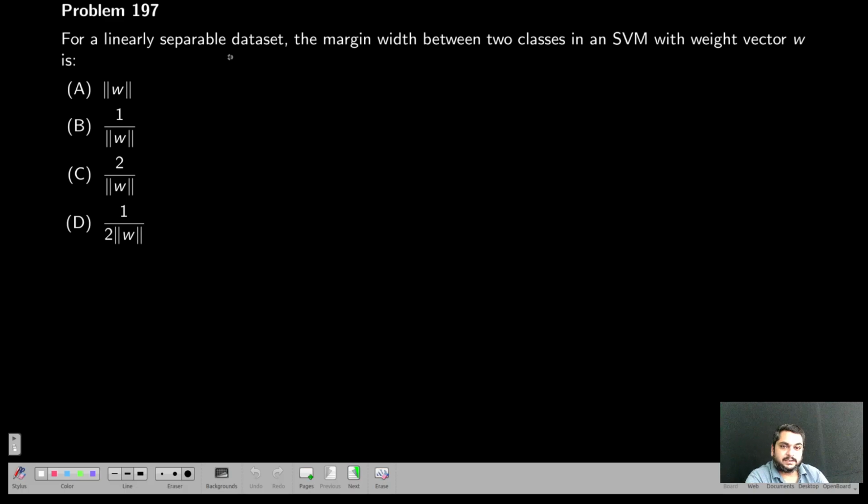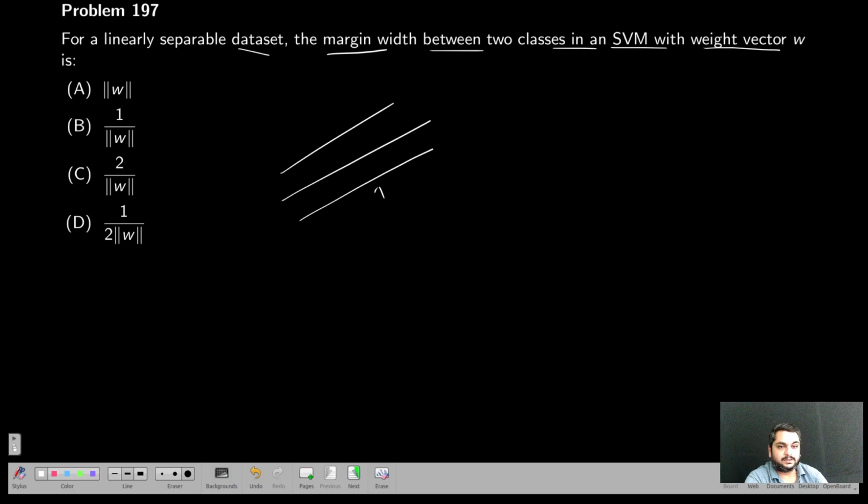For a linearly separable data set, the margin width between two classes in SVM with weight vector W is, you already know, this is the optimal hyperplane. These are the hyperplanes for the support vectors. So this distance we assume as 1 unit, this distance 1 unit.